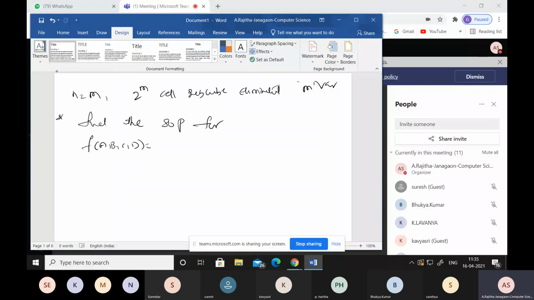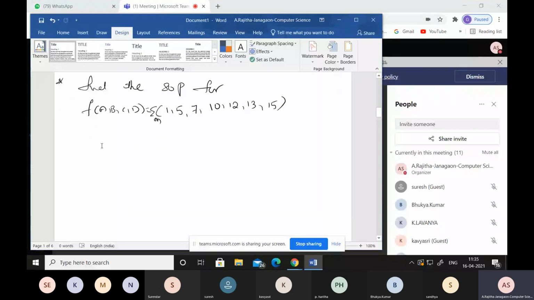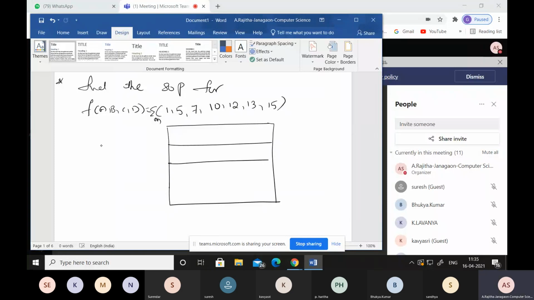So from these 4 variables, in sum of product form, 1, 5, 7, 10, 12, 13, 15. Now how many variables are there here? Here there are 4 variables, which means 16 cells are present. That is 2 to the power of 4, 16 cells.